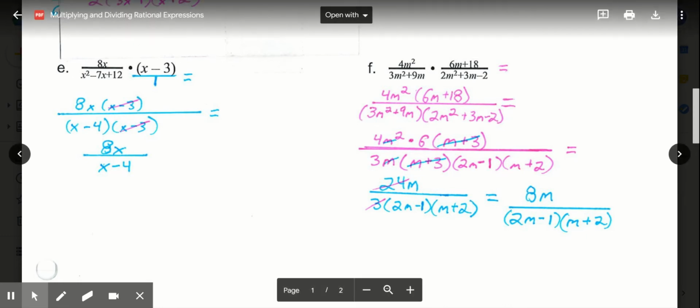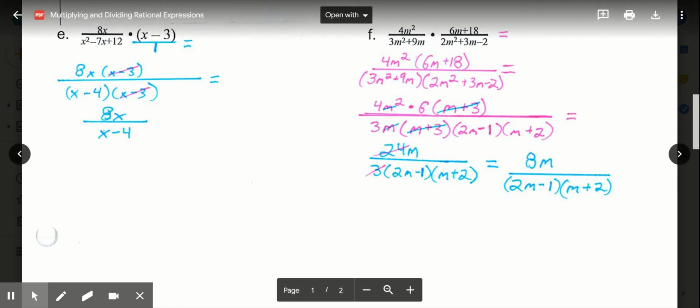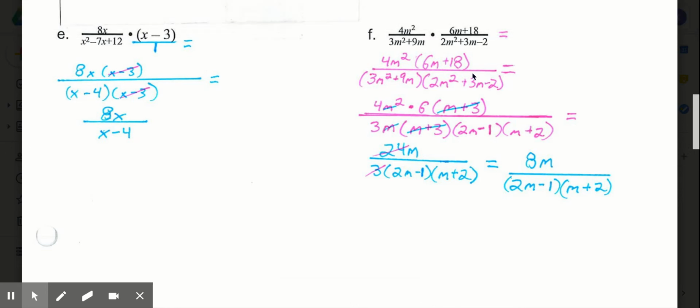And then last example for our multiplication is F here. 4m squared times 6m plus 18 on top. And then on bottom, 3m squared plus 9m times 2m squared plus 3m minus 2. So I just write it all together as one fraction. And then I factor the top and bottom.